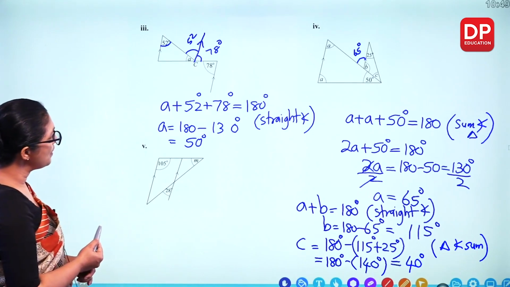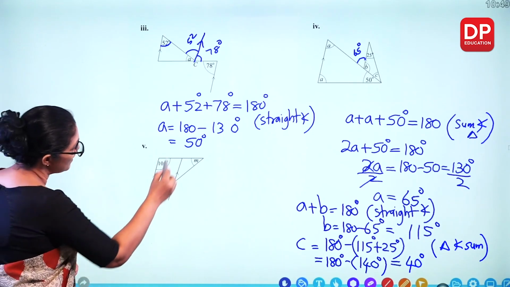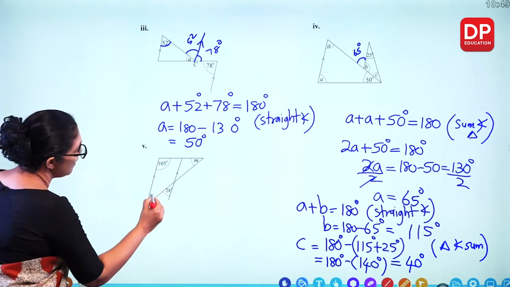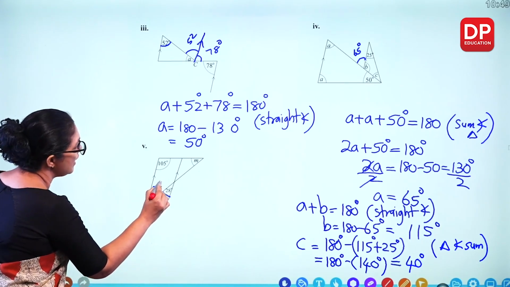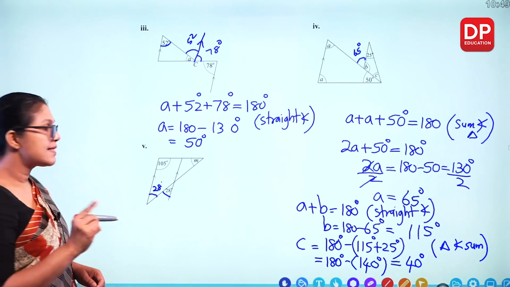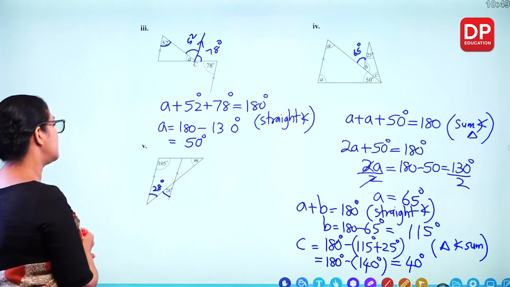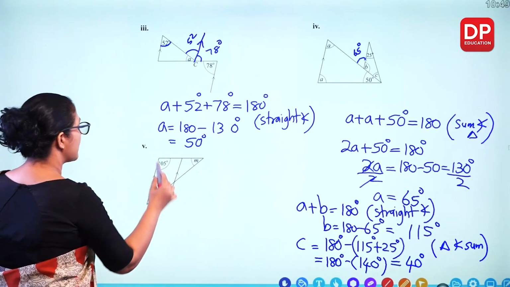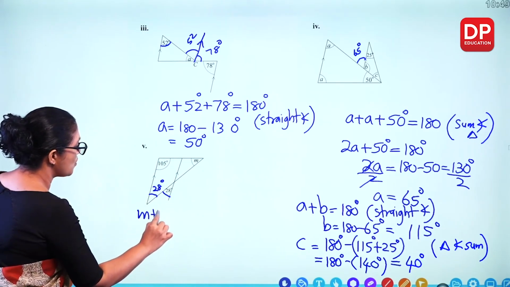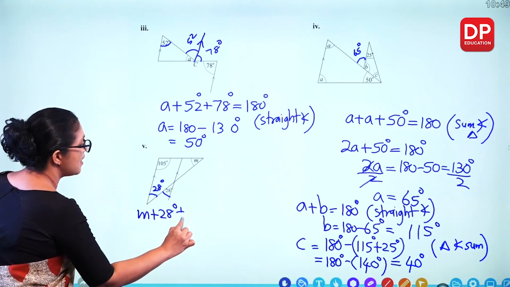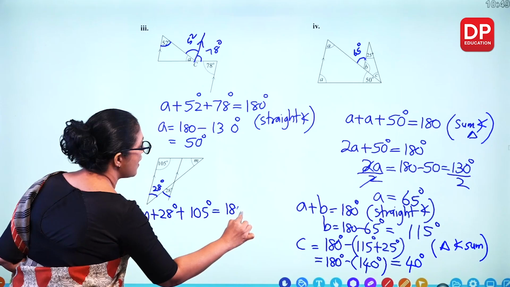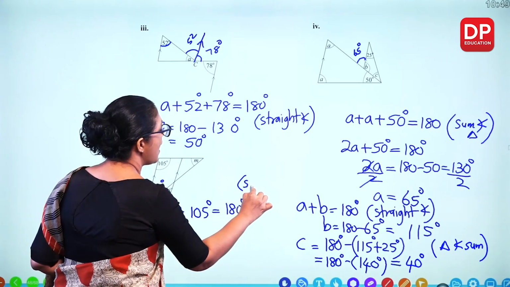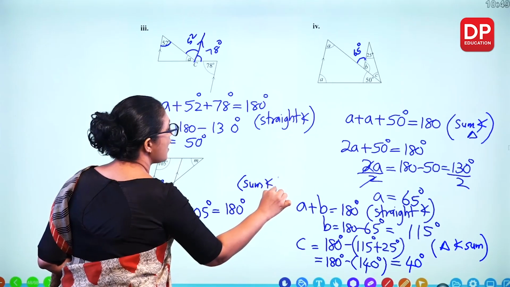Now look at this one. These two lines are parallel. If these two are parallel, this angle and this angle both are equal, alternate angles are equal. Now we can think about the triangle. M plus 28 plus 105 is equal to 180, sum of angles in a triangle.